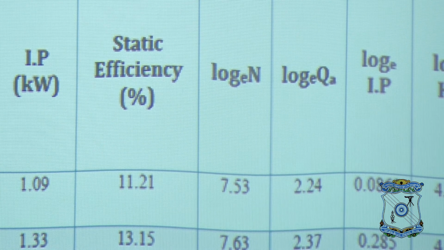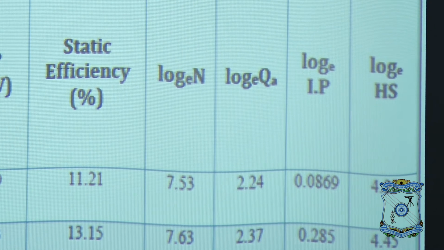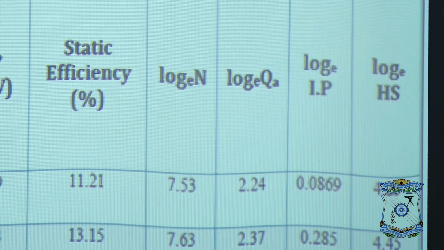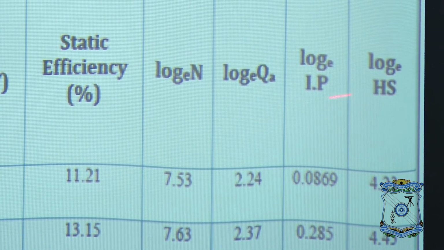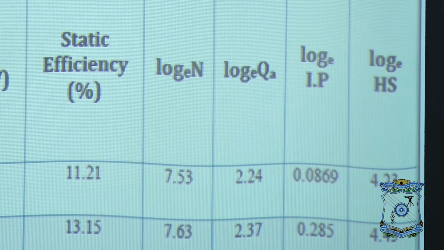That discharge is proportional to the speed, and the static head is proportional to the square of the speed, and the input power is proportional to the cube of the speed. All this has to be verified, and then we will conclude whether the verification is right or not.